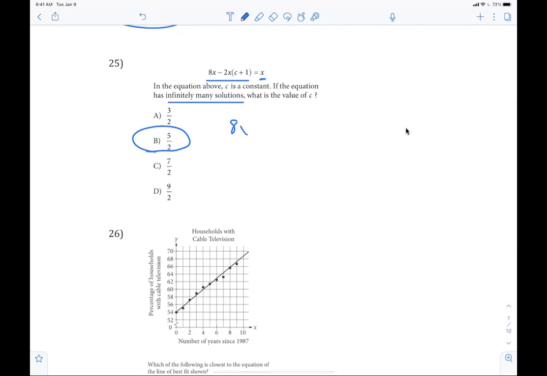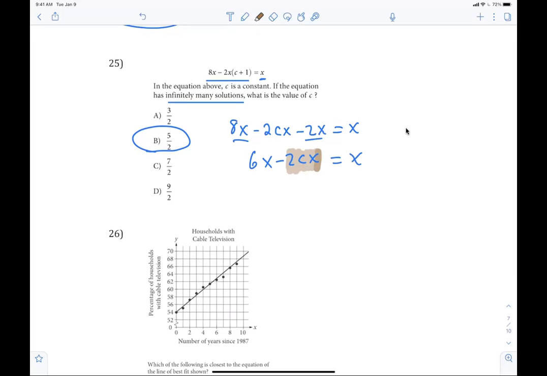So 8X minus 2CX minus 2X has to equal X. So what's 8X minus 2X? 6X minus 2CX has to equal X. Now, there's lots of things you could do, but does everybody agree? I want this right here to equal 5X, right? Now, why do I want it to equal 5X? Because 6X minus 5X would be what?